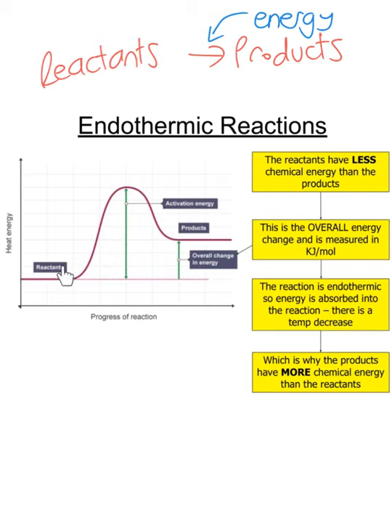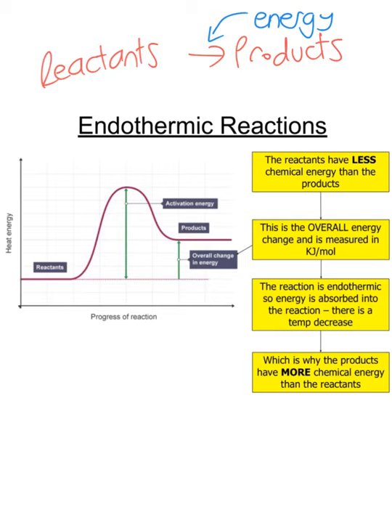So we've got reactants here, and then we've got our products. Both profiles go up to reach our activation energy. Now the graph does decrease in energy, but we only decrease to the products, which are above the reactants. So the products have got X amount of energy here, reactants have only got energy down here, and it's because throughout the process of an endothermic reaction, we actually have energy come in.